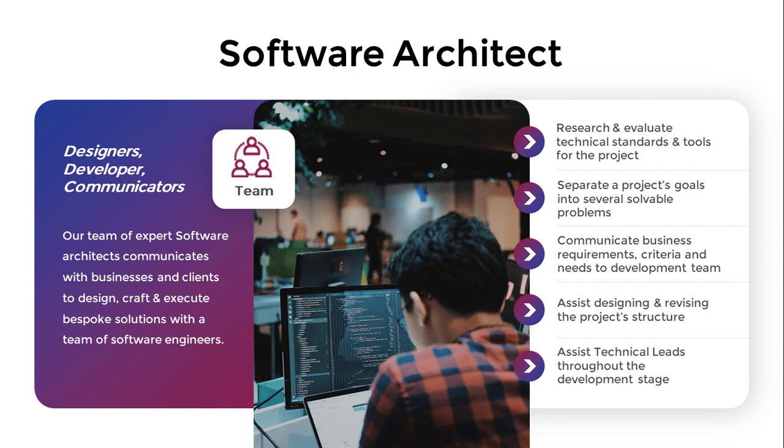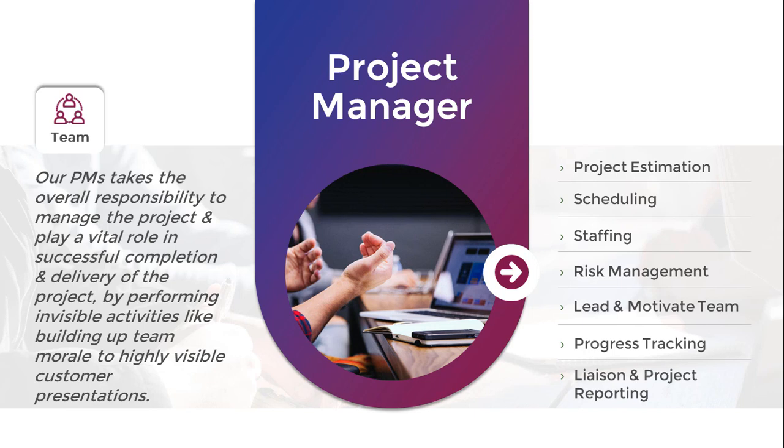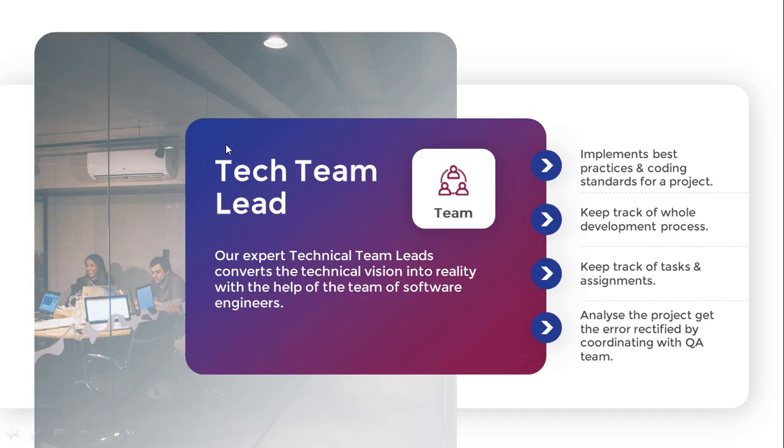They also assist in designing and revising the project structure, and assist our technical leads through the development stage. The project manager then takes over. The project manager's role is project estimation, scheduling and staffing, making sure we've got the right amount of people working on a project, managing the risks involved in the project, leading and motivating the team, tracking your project, and liaising with project reporting, providing you with up-to-date information on what's going on with your project.